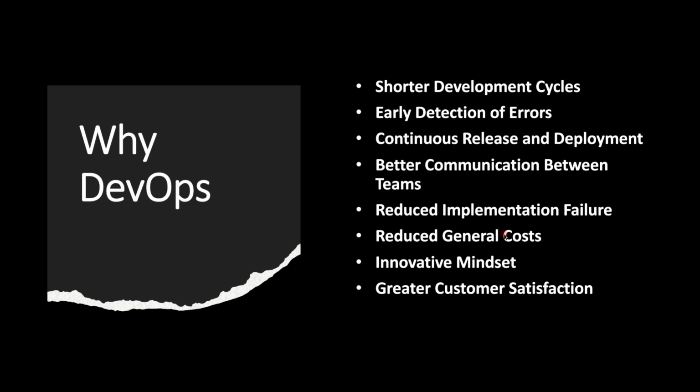Then you have reduced implementation failure. Reduced implementation failure has to do with when the development team makes a change and this implementation isn't fully actualized by the development team, you can definitely see that because this failure is imminent, you detect it early enough.